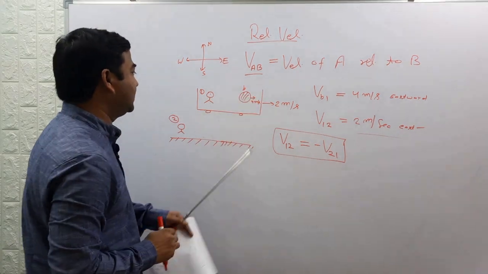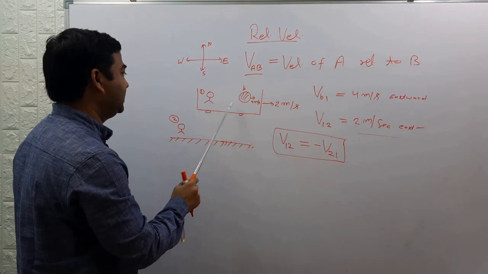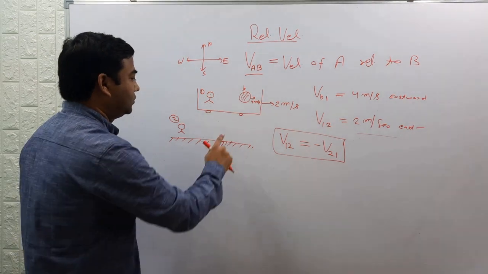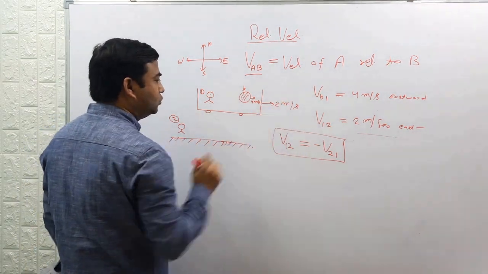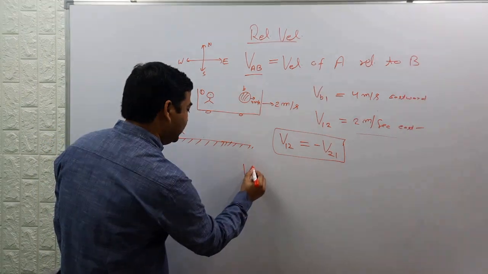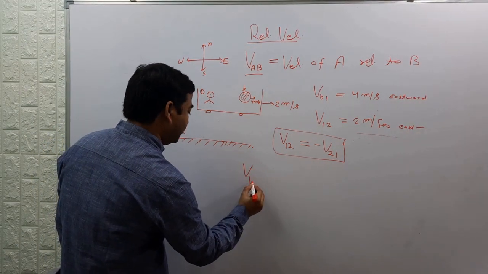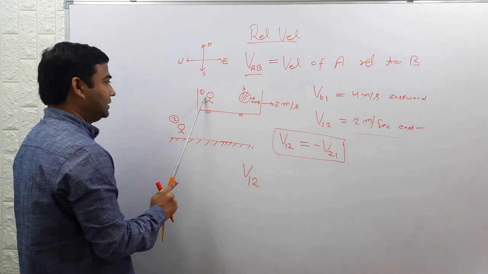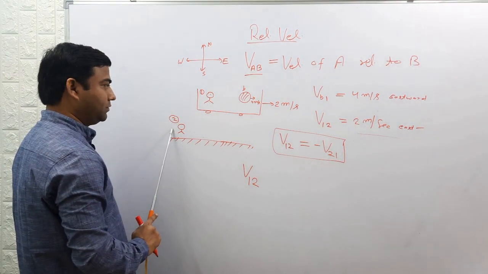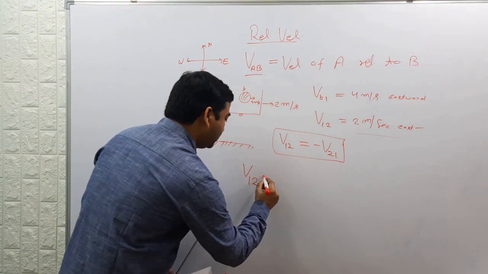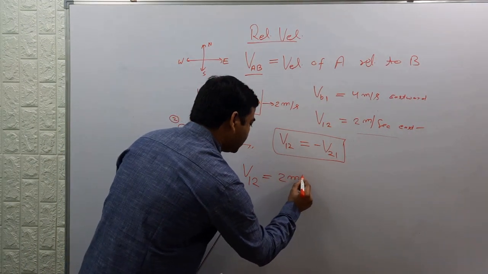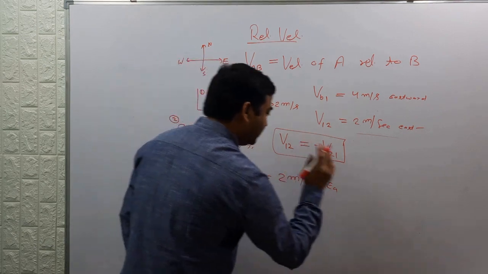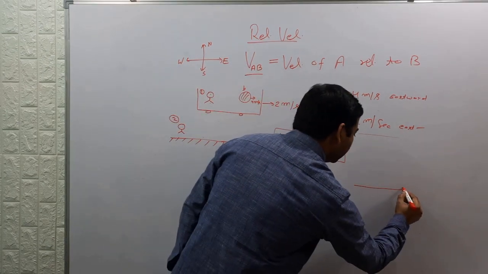See, in this example you can understand it easily. This cart is moving with respect to ground with 2 meters per second. That is V12. This observer is moving with respect to observer 2 with 2 meters per second in the east direction. So in vector form, it will be written as this vector.